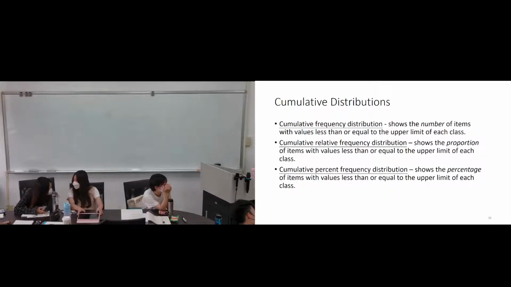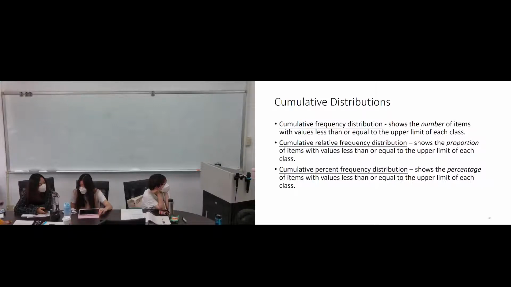Also, when we summarize quantitative data, we use the cumulative distribution. What's that? A cumulative frequency distribution shows the number of items with values less than or equal to the upper limit of each class.